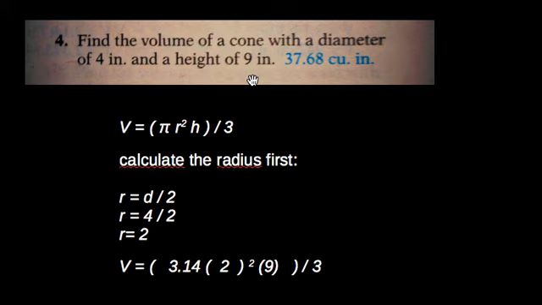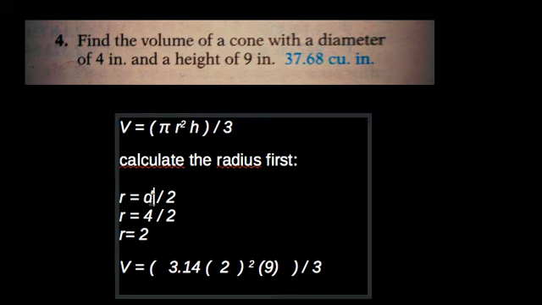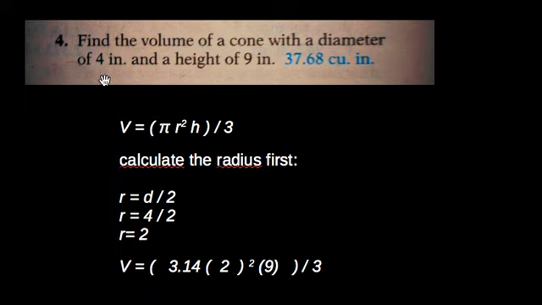So the procedure is going to be to get the radius from the diameter. We know that the radius is half of the diameter, so we use this formula. It's going to be the diameter divided by 2. The diameter is 4 inches, so you got to do 4 divided by 2. That gives us 2.